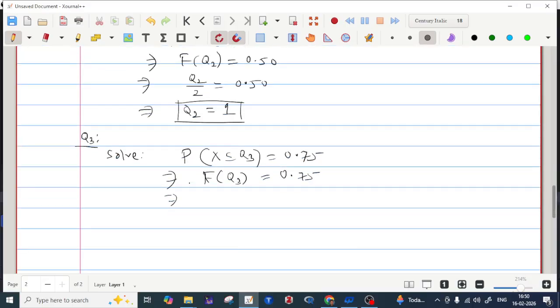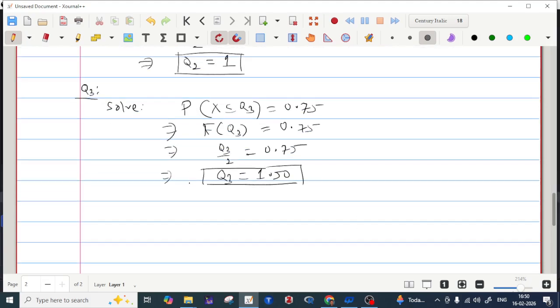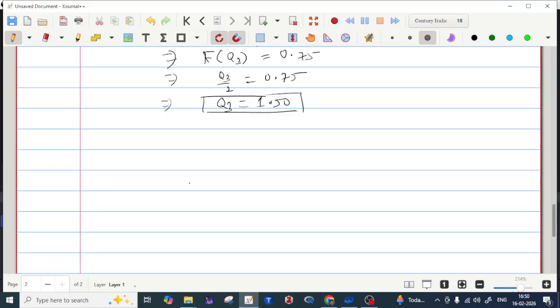F of x is x upon 2, so this is Q3 upon 2 equals 0.75. This implies Q3 equals 0.75 multiplied by 2, which is 1.5. In this way, we can obtain the quartiles.